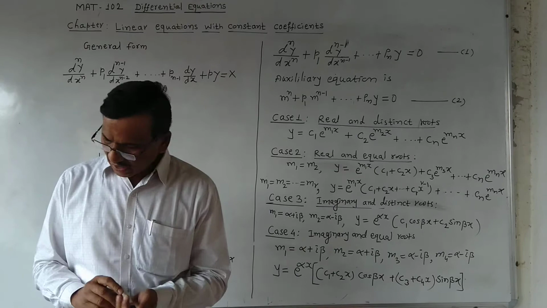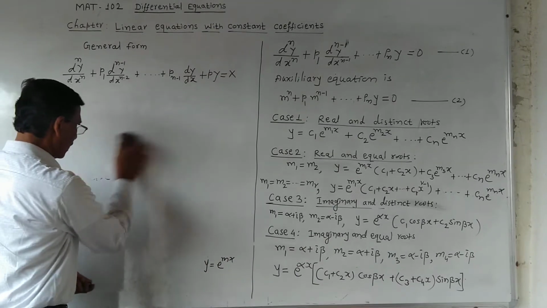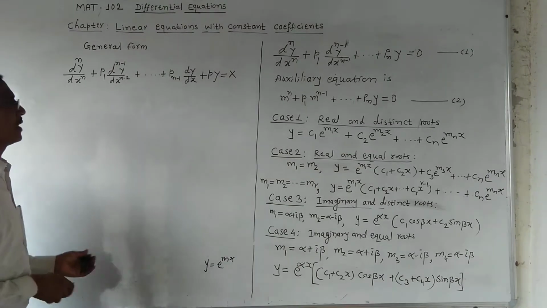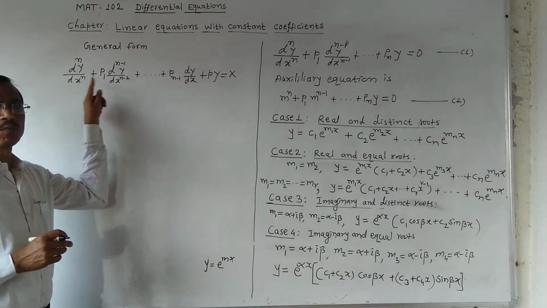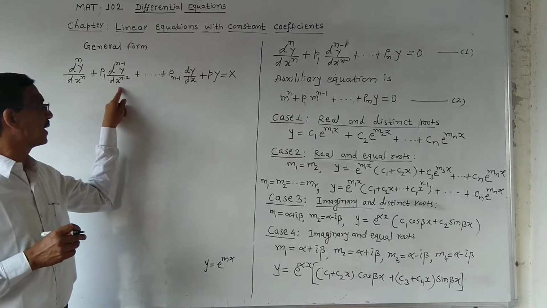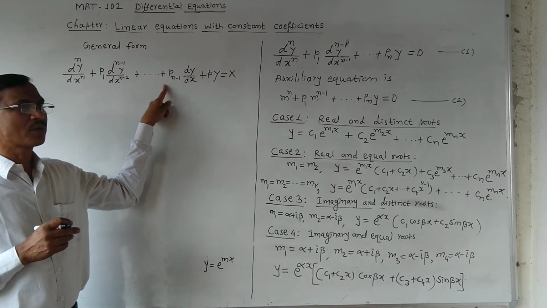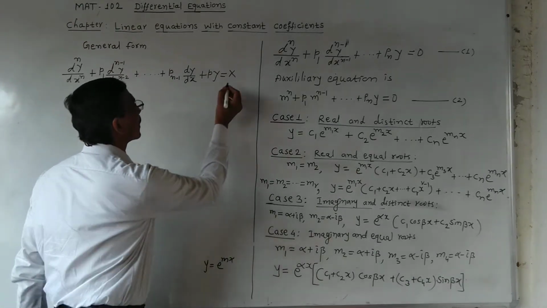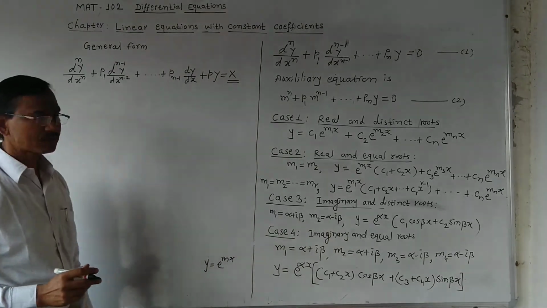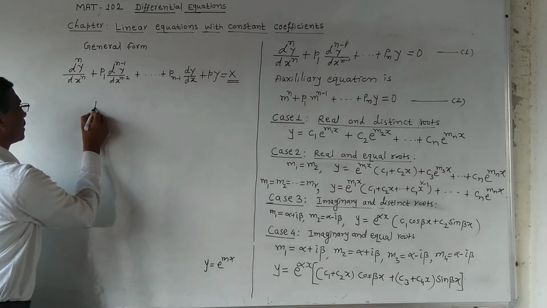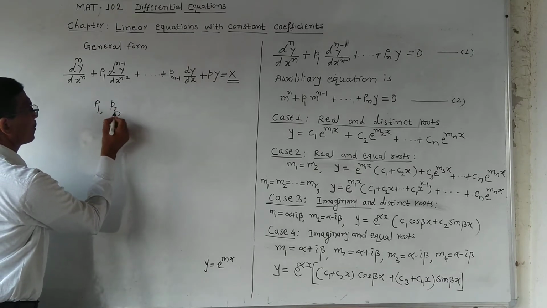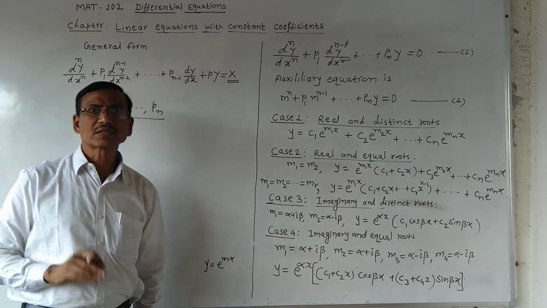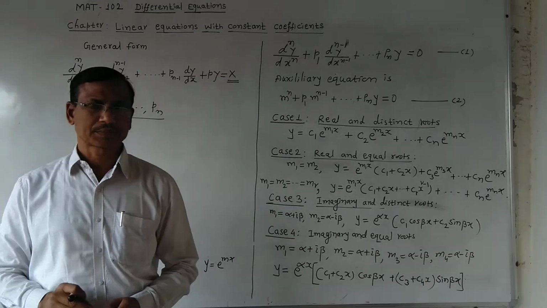Now we shall see the linear differential equation of order n, and its general form is d^n y/dx^n + P1 d^(n-1) y/dx^(n-1) + ... + Pn-1 dy/dx + Pn y = X. In this equation, P1, P2, and so on up to Pn are either constants or functions of x.